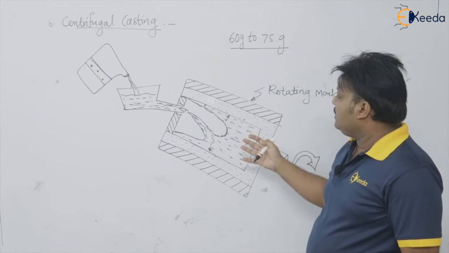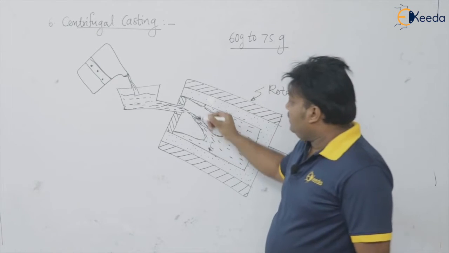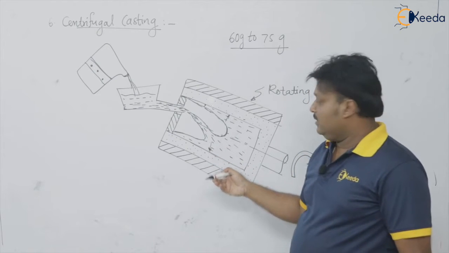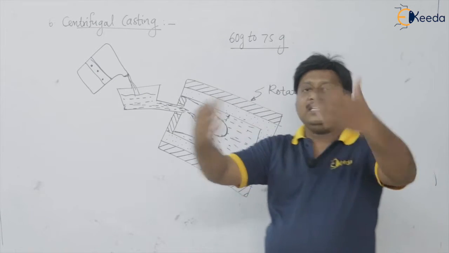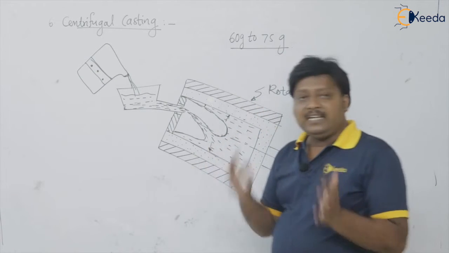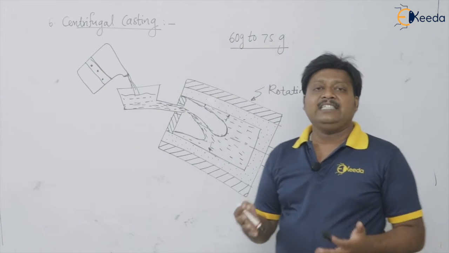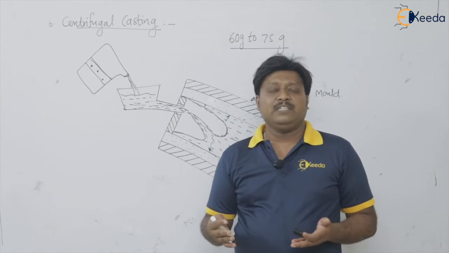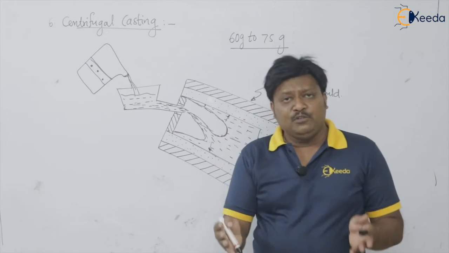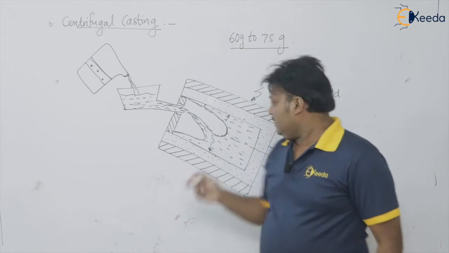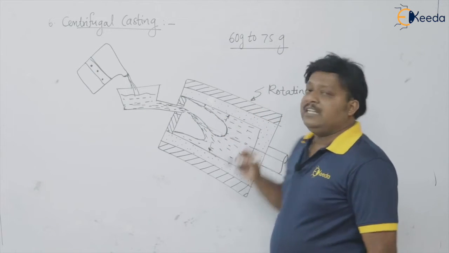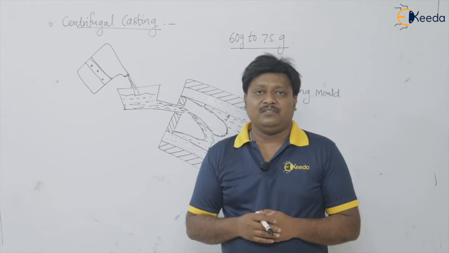With such a high rotational speed, the heavier molten metal goes towards the outward surface of the casting, whereas the low density material, rather lighter impurities, get collected near the axis of rotation.